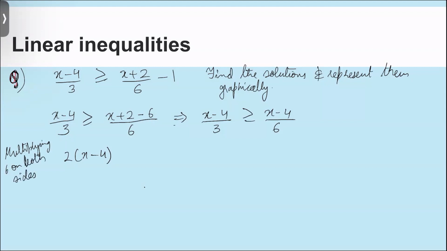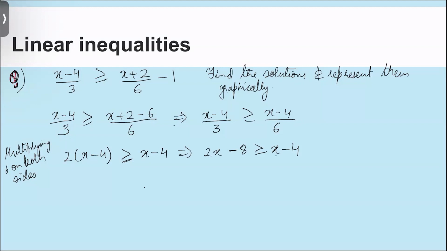So 2(x minus 4) greater than or equal to x minus 4. The 6 goes away when we multiply both sides by 6. So this you get as 2x minus 8, greater than or equal to x minus 4.